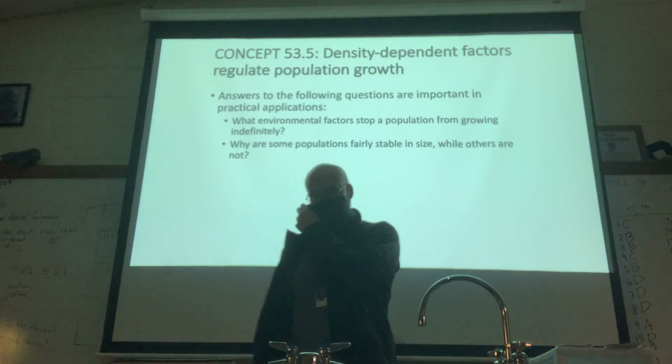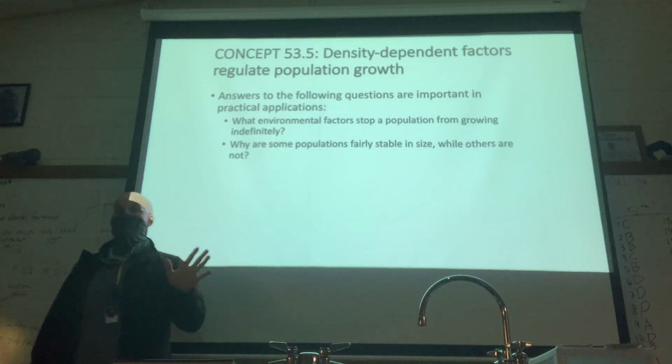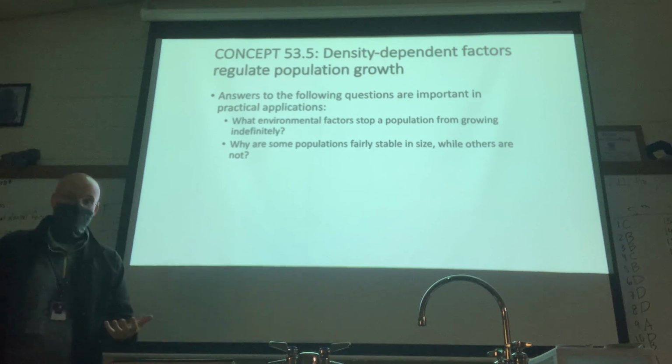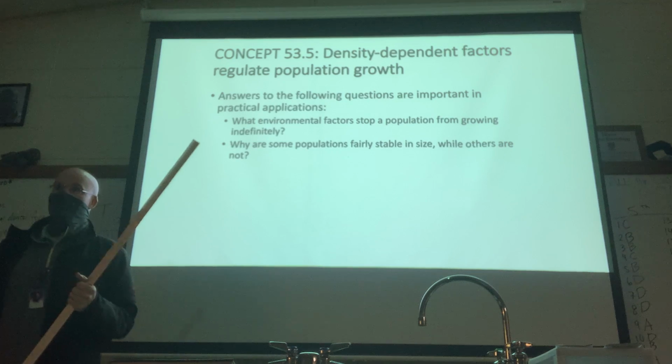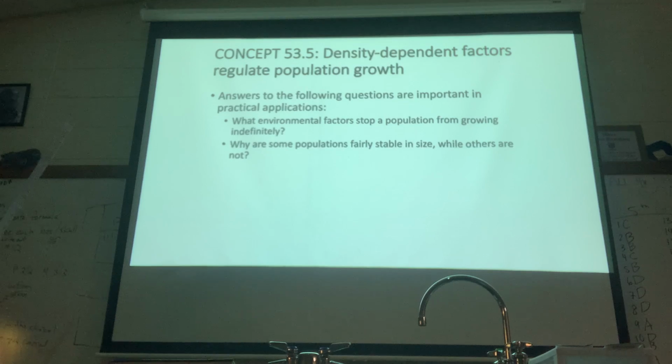Section 5 of 6 of this chapter talks about density-dependent and density-independent factors that control population growth. There's not much focus on density-independent. It's really much more of a focus on density-dependent factors.